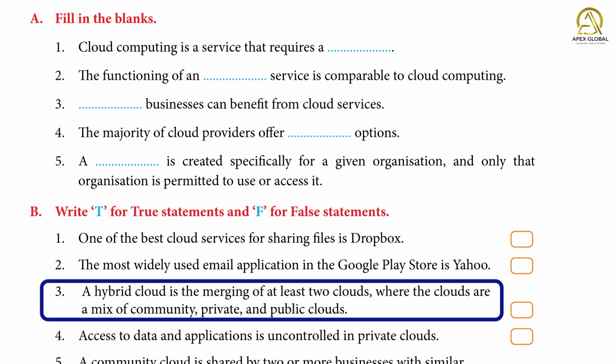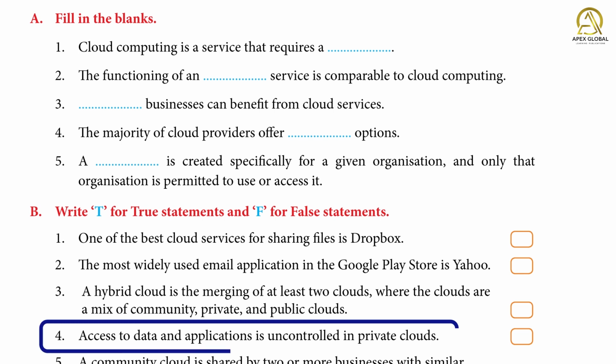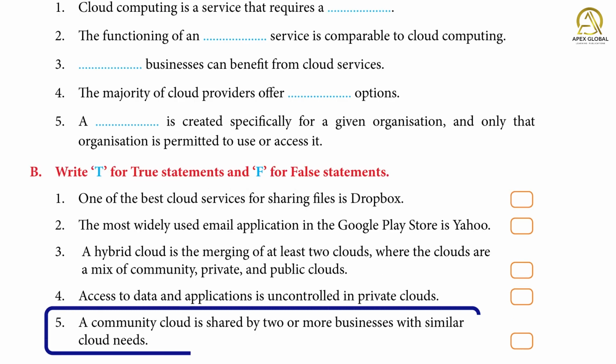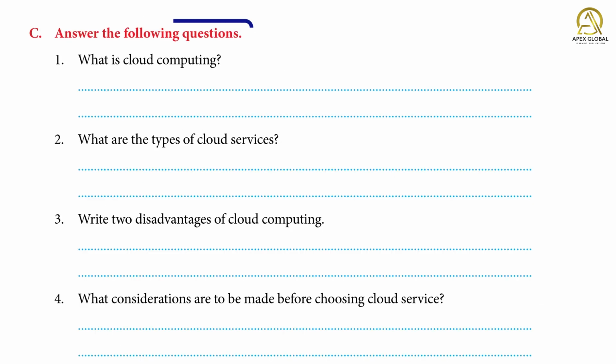A hybrid cloud is the merging of at least two clouds, where the clouds are a mix of community, private, and public clouds. Answer: true. 4. Access to data and applications is uncontrolled in private clouds. Answer: false. 5. A community cloud is shared by two or more businesses with similar cloud needs. Answer: true.